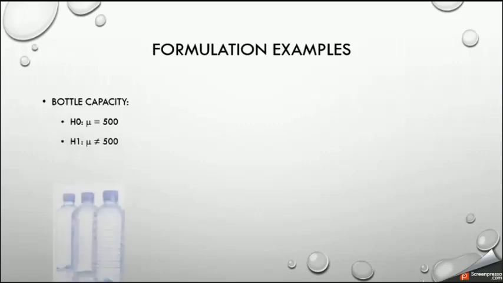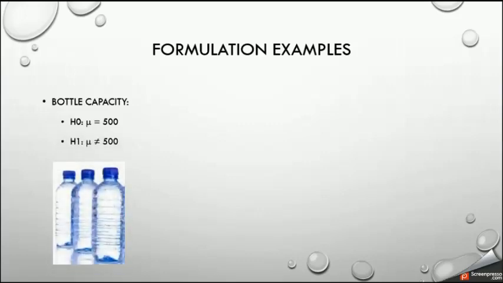For the bottle capacity, we write H0, that the mean value of the water bottle capacity is 500 milliliters. This is our initial assumption, or our requirement for the water bottle capacity. This will be the null hypothesis.